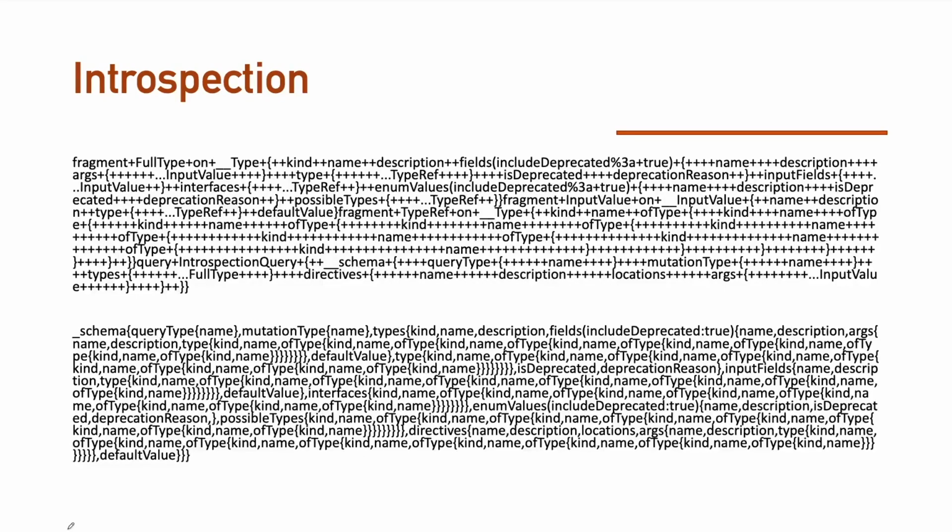Now, introspection is this. You can see here we've got type, so references to those meta types. We've got references to fragments, references to the schema, and all this kind of stuff. Introspection is a feature of GraphQL. I'm going to make it really clear this is a feature.